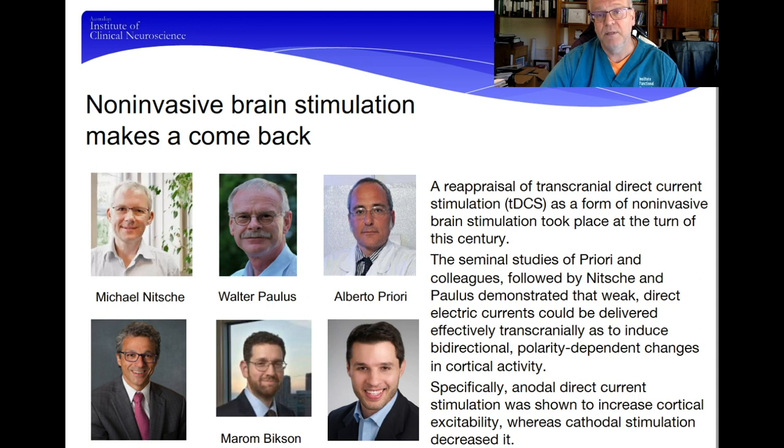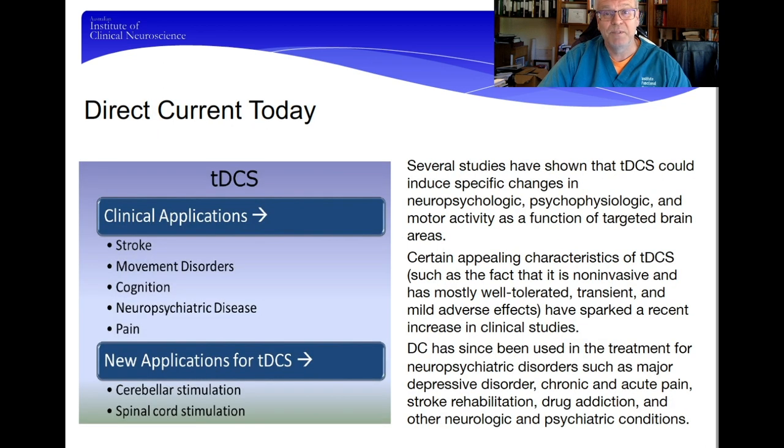They showed that under certain circumstances we can use the anode and the cathode to produce excitability or inhibition, depending on the parameters, such as the amperage, and where the electrodes are located on the skull. We're going to get into all that as this lesson moves on. These are great researchers, great clinicians, and we owe them a debt of gratitude for the work they've done in this area. You'll see their names again.